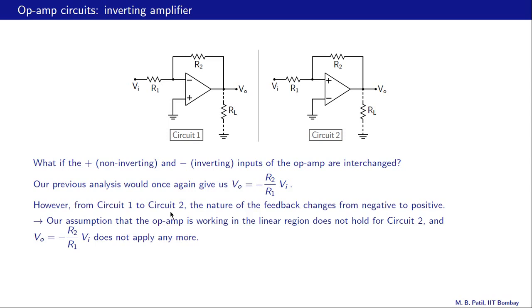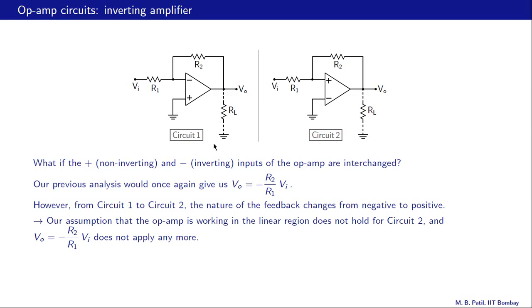From circuit 1 to circuit 2, the nature of the feedback changes from negative to positive. And where is the feedback in these circuits? That is this connection from the output back to the input side through R2. In circuit 1, the feedback turns out to be negative, and we will see later how to identify whether the feedback is positive or negative.